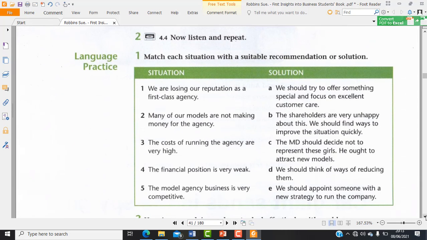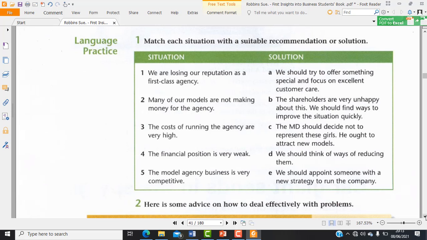Here we go. And now I have a situation here. You have to match between situation and also solution. Example, we're losing our reputation as a first-class agency. Kita kehilangan reputasi kita sebagai agensi kelas pertama.